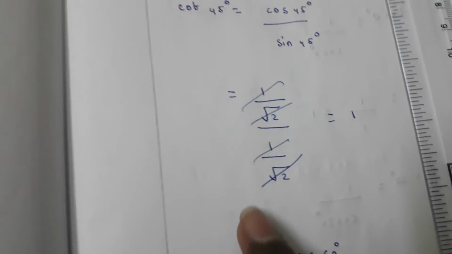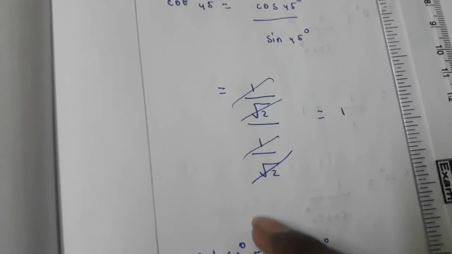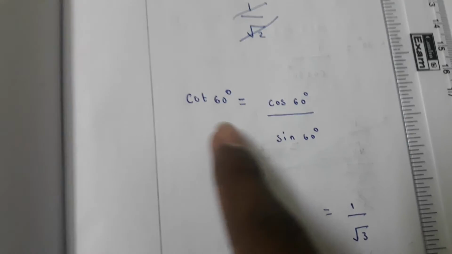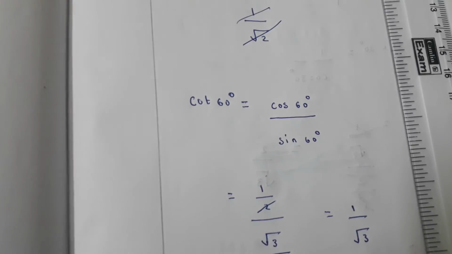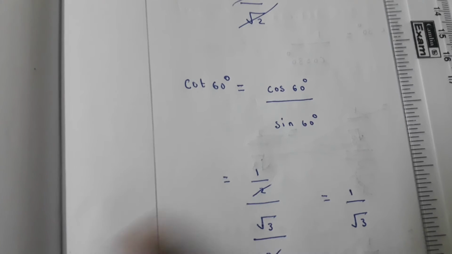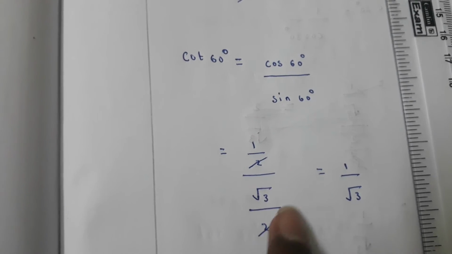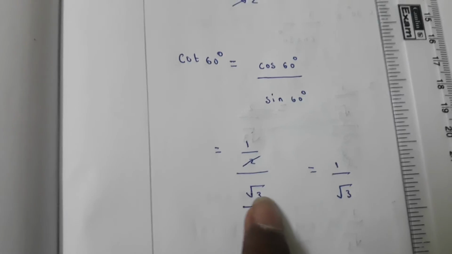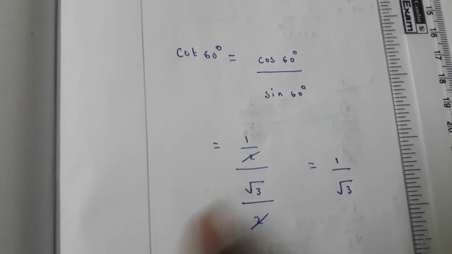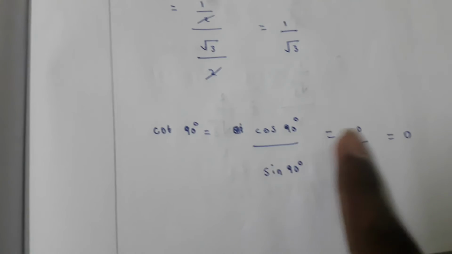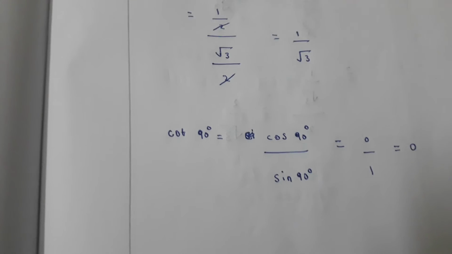So they cancel, and the remaining is 1. Now cot 60 means cos 60 by sin 60. Cos 60 means 1 by 2 and sin 60 means root 3 by 2. So 2 will be cancelled and the remaining is 1 by root 3. And now cot 90 means cos 90 by sin 90. Cos 90 means 0 and sin 90 means 1, so 0 by 1 is equal to 0.